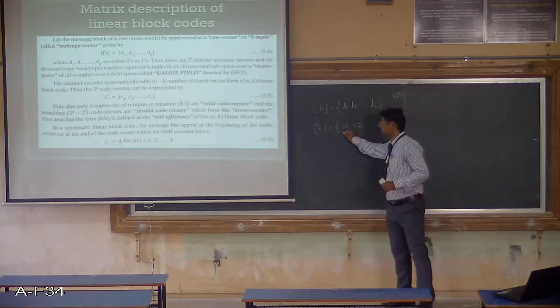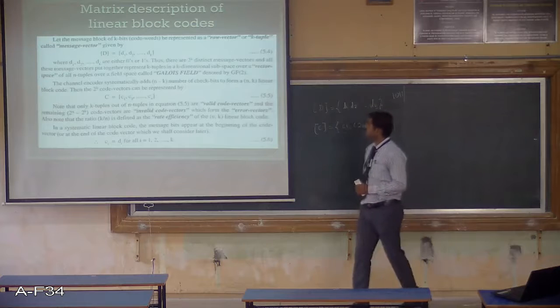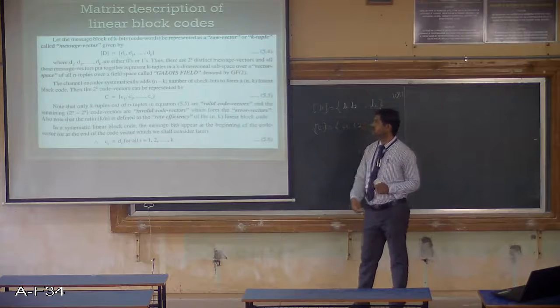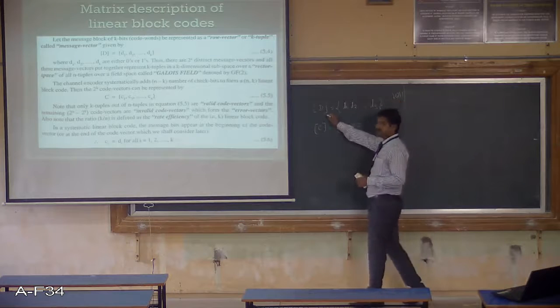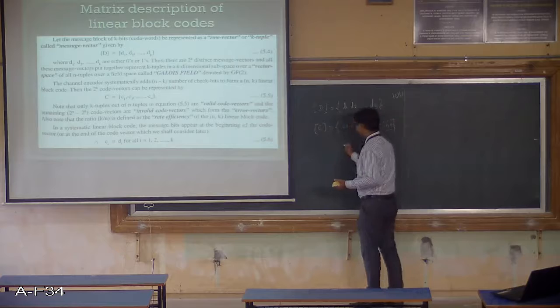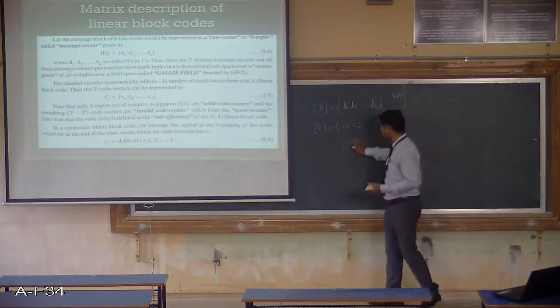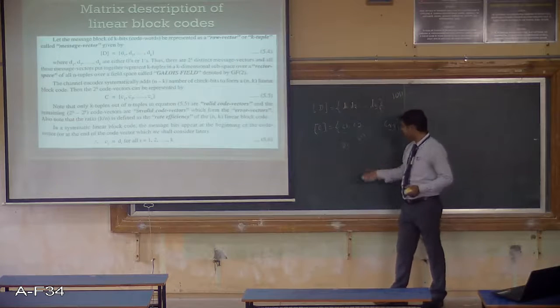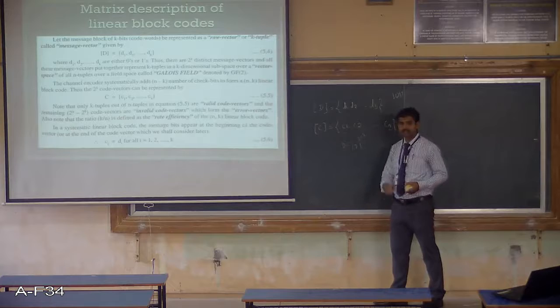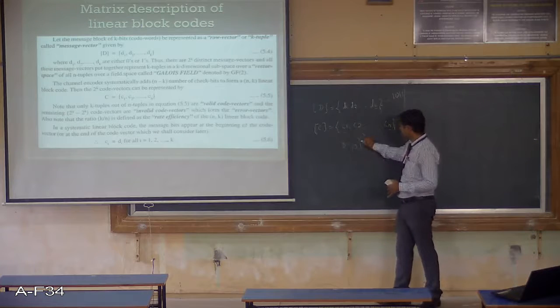If the data vector D is of length 3, I mean k is 3, how does the data vector look? It may be like this, 101. Any stream of 3 bits you can take, you can make any combination.